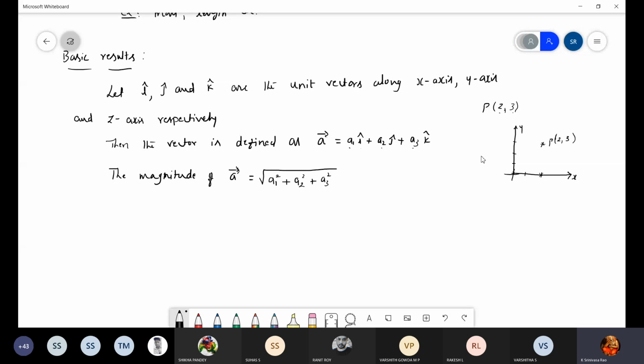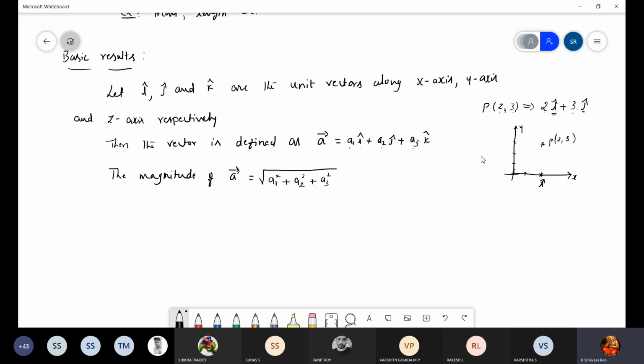See, the same 2, 3 I will write in vector form: 2 i cap plus 3 j cap. Here 2 is a quantity, and along the direction, i cap is a unit vector along the x-axis. Therefore, along the x-axis you mark 2 units, and j cap is a vector along the y-axis, so along the y-axis you mark 3 units.